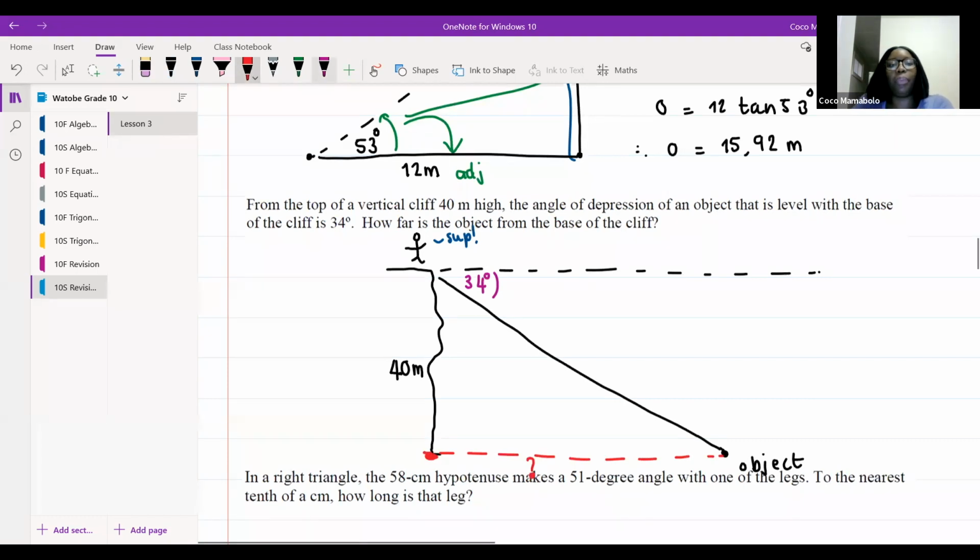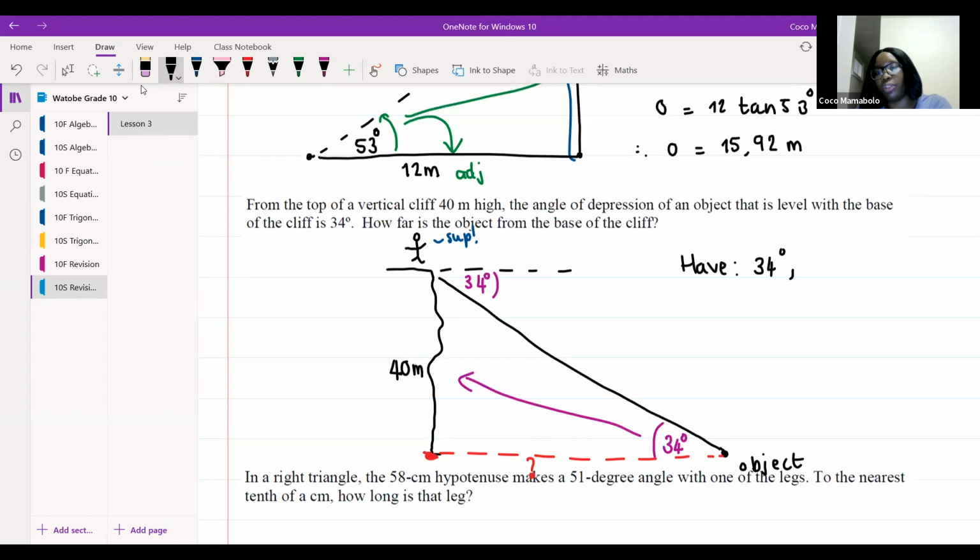Now, if we remember, we looked at alternate angles. So if this is 34 degrees, this over here is also going to be 34 degrees, because of alternate angles. Right, so I know that I have a 34 degree angle, and in relation to my 34 degree angle, I've got my opposite side, because from here to there, that's opposite.